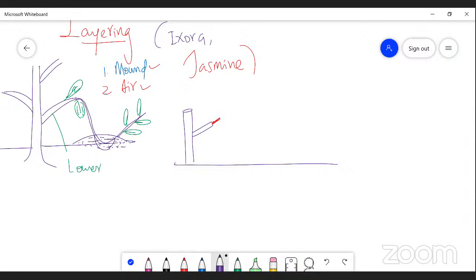Simply the bark is removed, and here only cambium is present. So the bark is removed, and as a result, we get a cambial part.